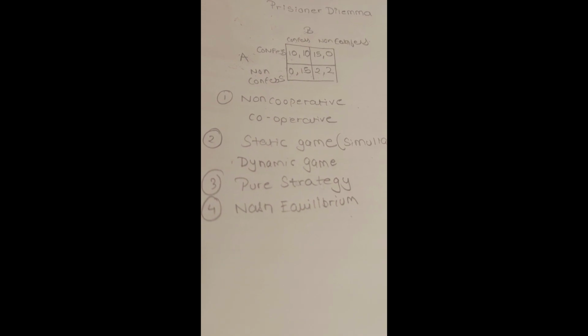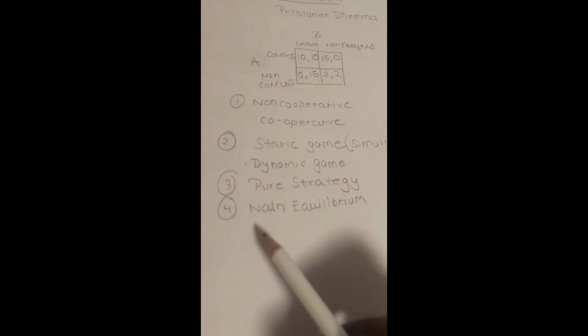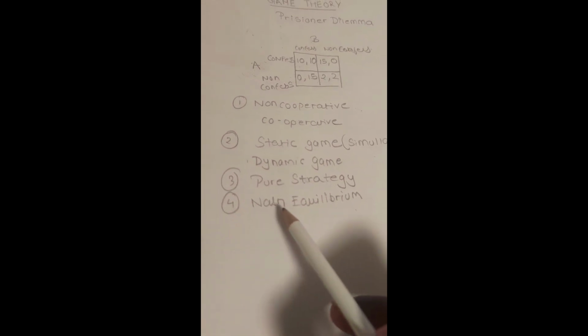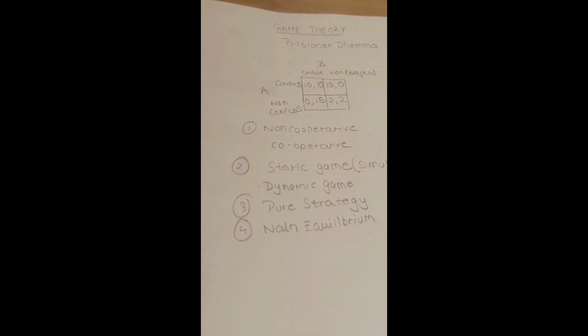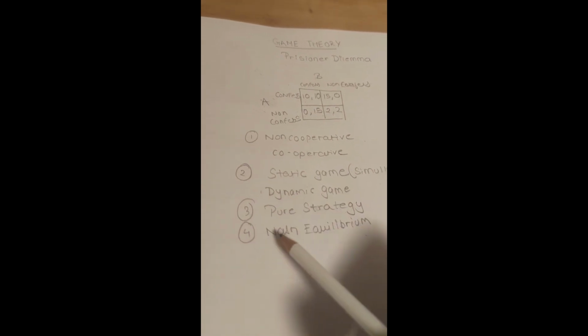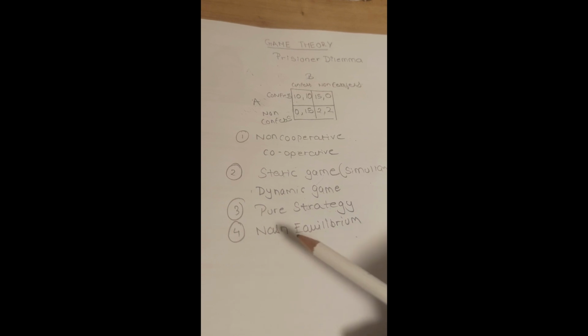Now in game theory, I think the most popular or most common term you will hear is Nash equilibrium. The Nash equilibrium is named after a famous mathematician, John Nash, who gave this theory. Nash equilibrium in game theory is when both parties get the equal or the best outcome.